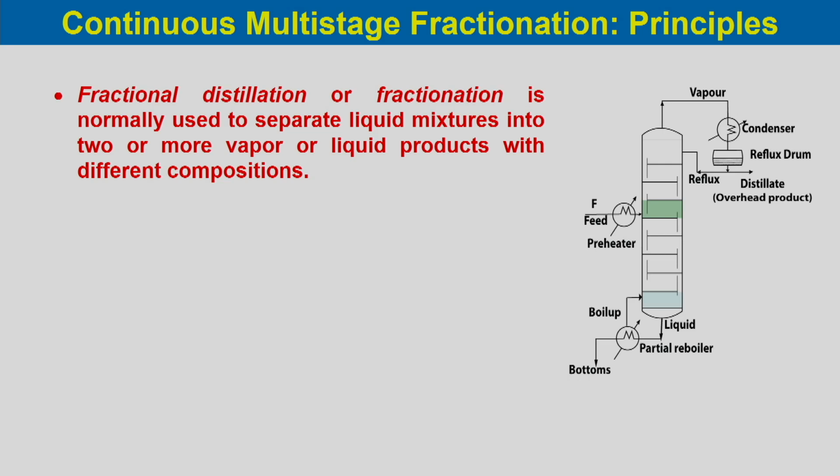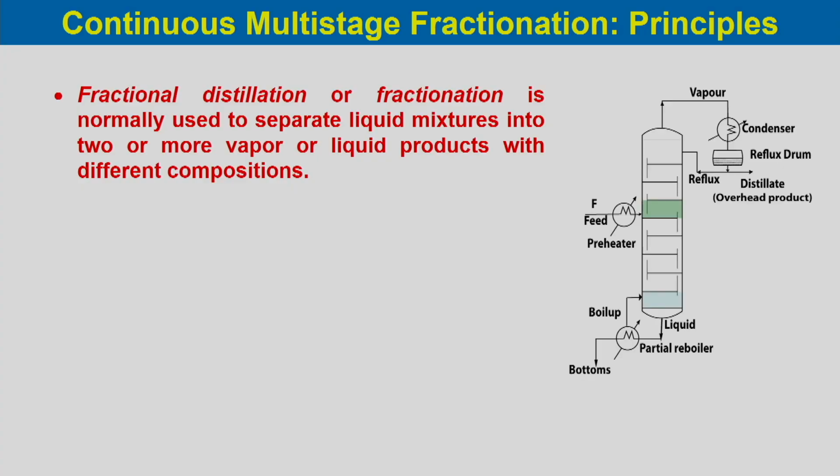So, this is a complete fractionation as shown over here. You can separate two or more components, and you can get the product in vapor form or in liquid form, with different compositions as you want from the different tray locations.